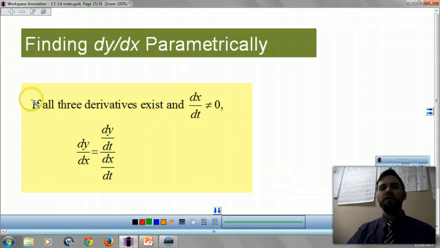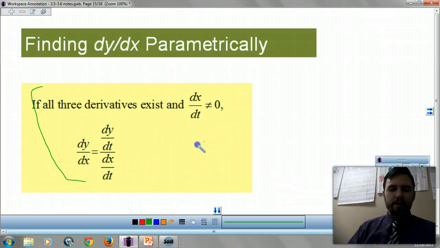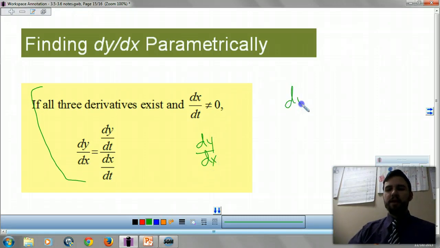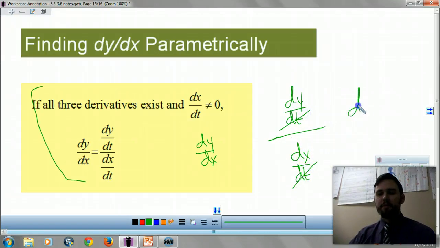In order to do this, dy over dx is your derivative you're used to. So if we find the derivative of y with respect to t and the derivative of x with respect to t, you can divide these. Your t's cancel and you're left with dy over dx.